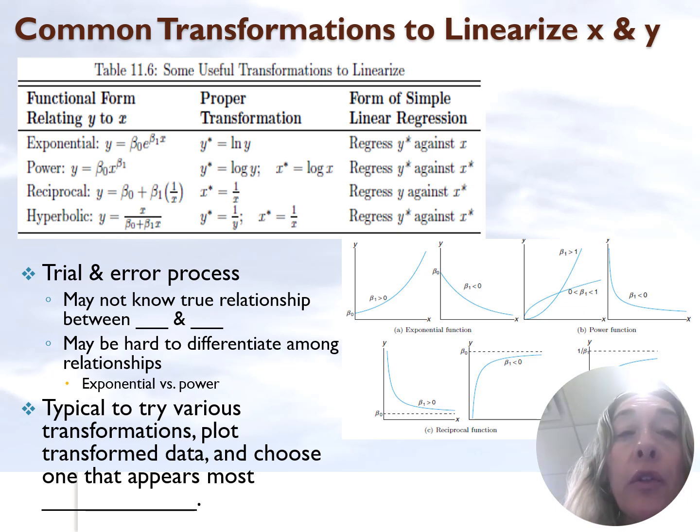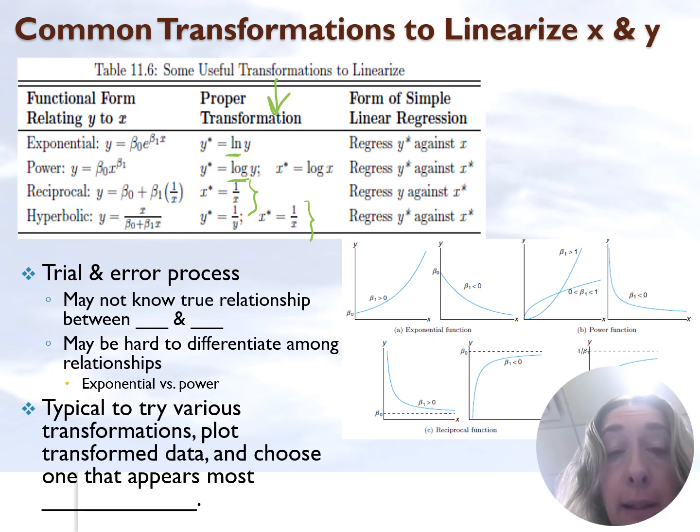So these are some common transformations that can linearize X and Y. If you look in this column here, you'll see that, as we said, they involve the natural log, or log base 10, or reciprocals of X, Y, or both.